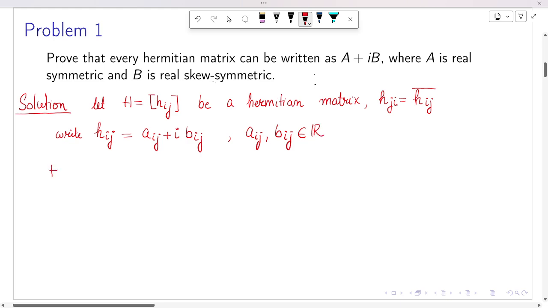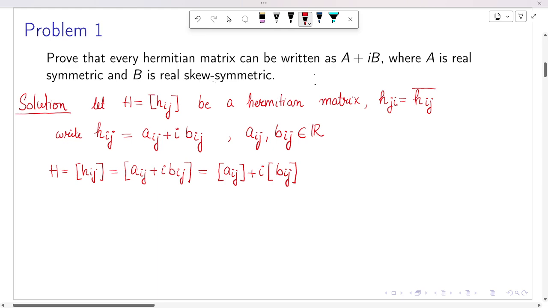Now this matrix H, whose ijth entry is Hij, we can write it like this: a matrix whose ijth entry is Aij plus iota times Bij. So this matrix can be split as a matrix whose ijth entry is Aij plus iota times a matrix whose ijth entry is Bij.